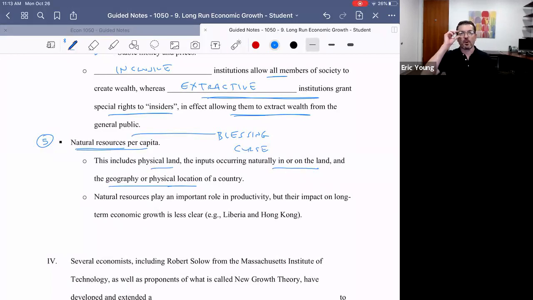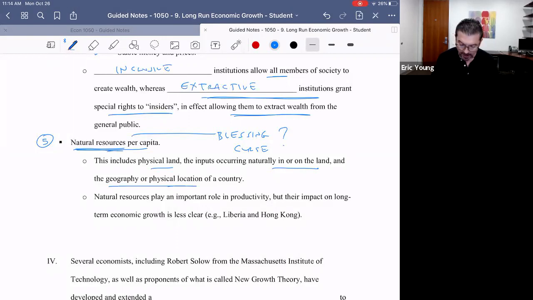We see, for example, that some countries that are blessed with lots and lots of oil deposits grow wealthy. Yet other countries that have equally large oil deposits stay poor. So this is called the resource curse in macro theory. It's a pretty big topic of debate. Are resources a blessing or a curse?